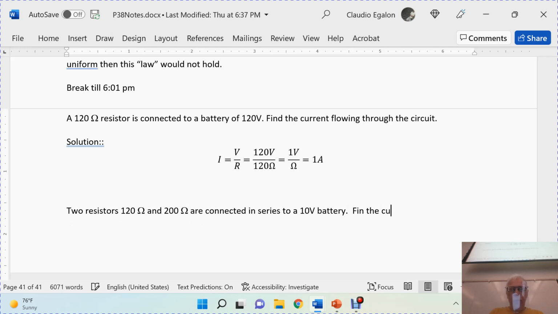Find the current flowing through these two resistors. Solution.